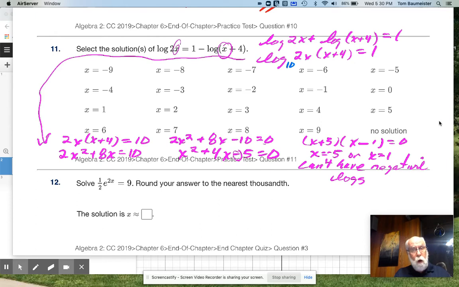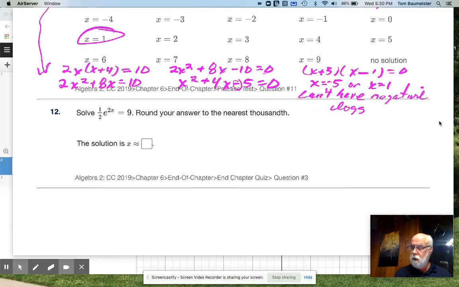So even though it came out, remember, this is an extraneous solution, so that one doesn't work. So the only one that will work is this one right here. Okay? Number 12.